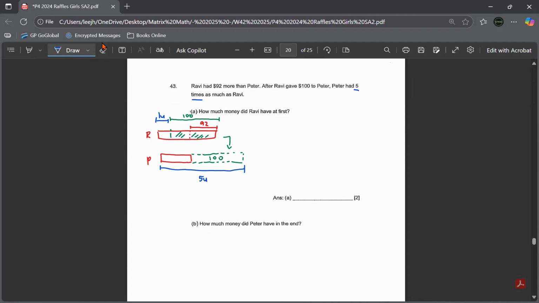Because he only got 92 more than Peter, Ravi. So he want to give 100 means there's another portion here you need to find, which is this one. So how to find this? You take 100 minus 92. So this is $8. If you can see. If you cannot see, never mind. So I write here, $8.